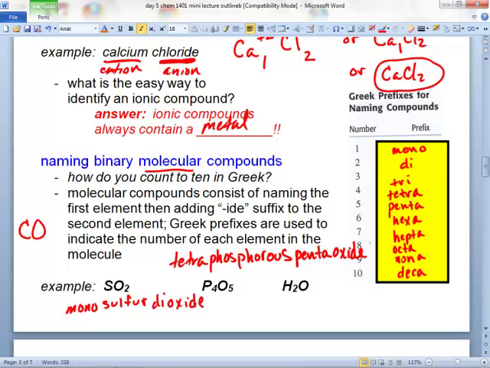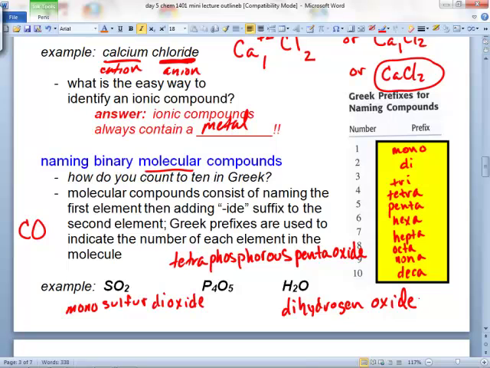So what's the technical way to say water? What's the technically correct way to say water? Dihydrogen. Keep going. Oxide. Now, there's another thing we didn't mention. You can say dihydrogen oxide.